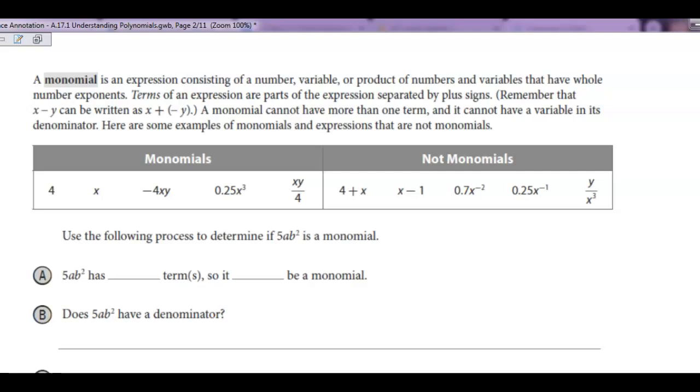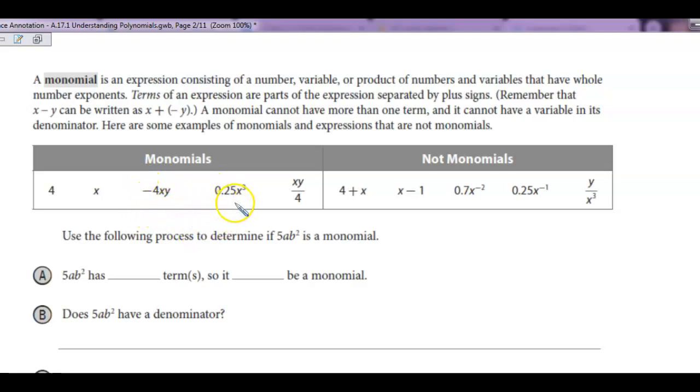Here are some examples of monomials and expressions that are not monomials. So here are examples of monomials. We have a 4, it's a constant. It is by itself, it is a single term. There's variable x, it is a variable standing alone, it is a monomial. We have negative 4y or xy. This is a product of numbers and variables.